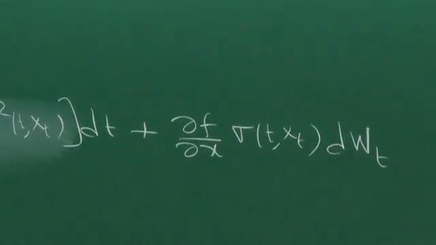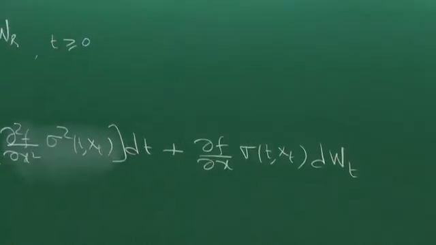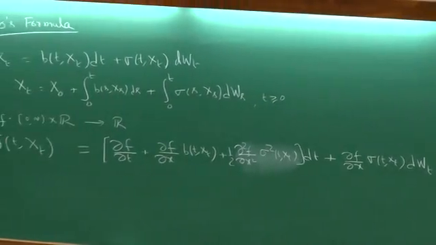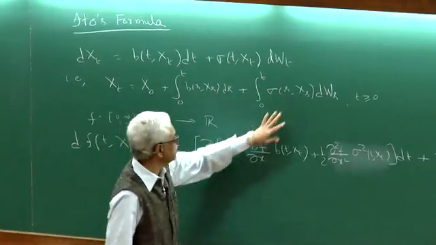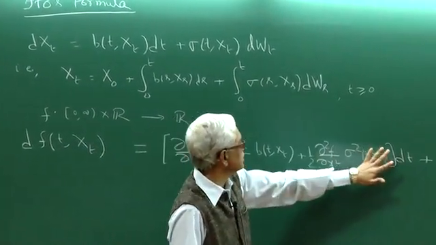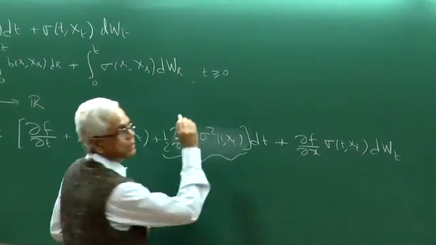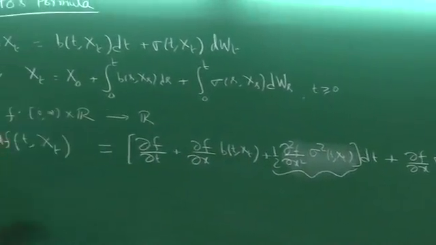This is the formula. This is called Ito's formula. Now if you compare with the general case, if there were no stochastic integral, then these terms are usual. This is the only term that comes, the second order term.